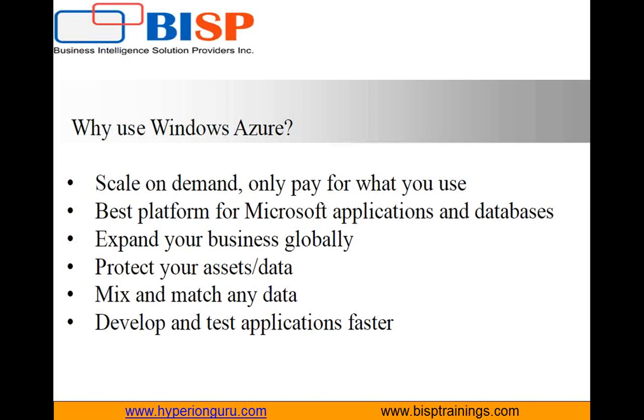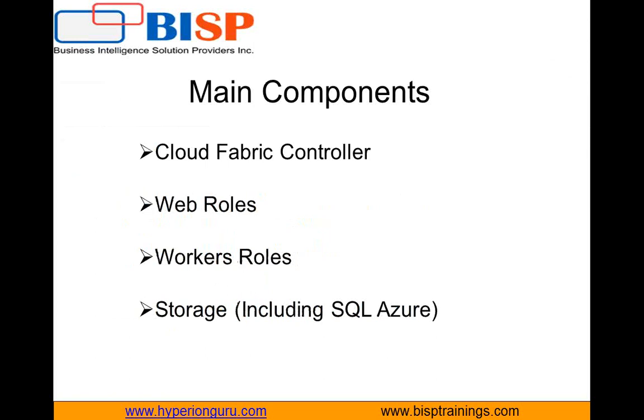It can be accessed on any device also, because it is coming through the cloud. We only need an internet connection, because we will access Windows Azure using a browser. So with the help of a browser, we can access Windows Azure from any part of the world or from any device.